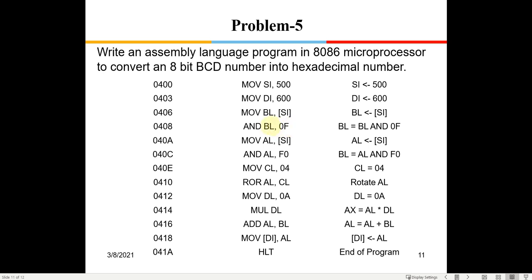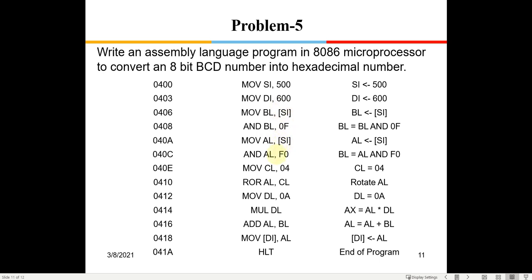And then we are doing an AND on BL, so we are masking off the second BCD number, the significant BCD number. So we just have the least significant BCD number here, the first nibble. We are masking off the second nibble out here, and then move AL SI.